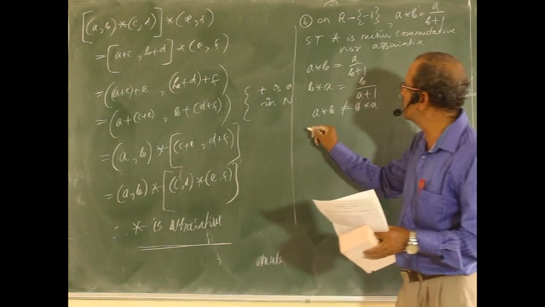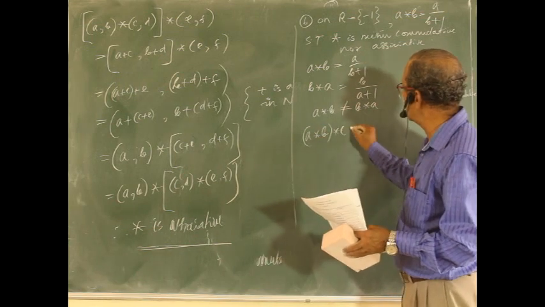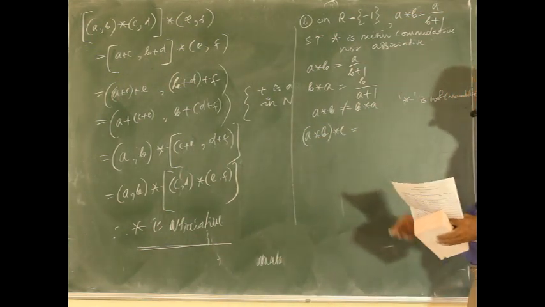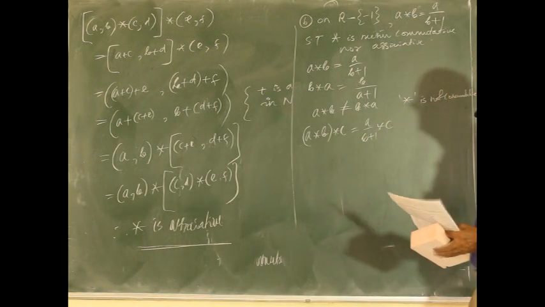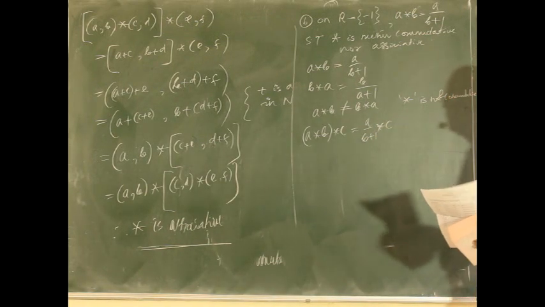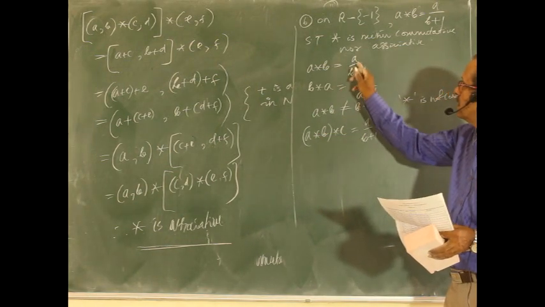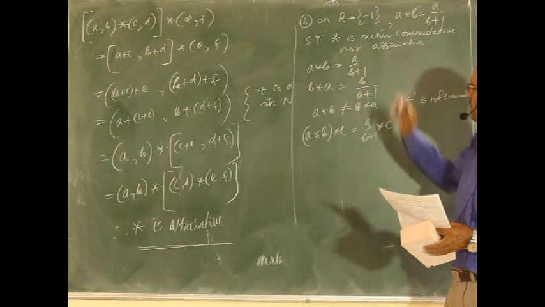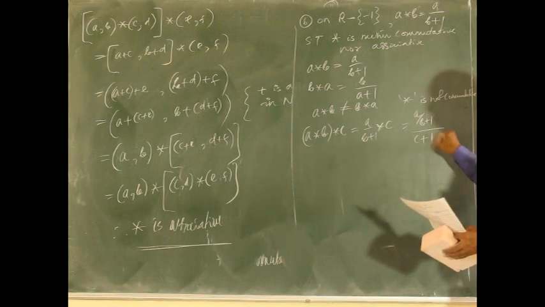Again, associative. a star b star c equal to a by b plus 1 star c. First number divided by other number plus 1: a by b plus 1 divided by c plus 1.